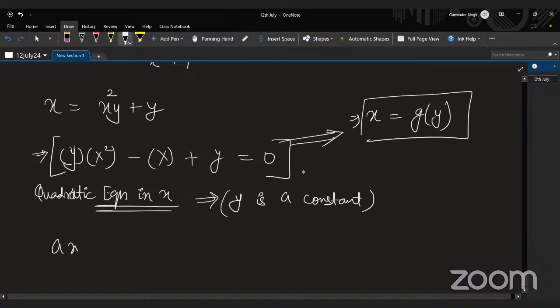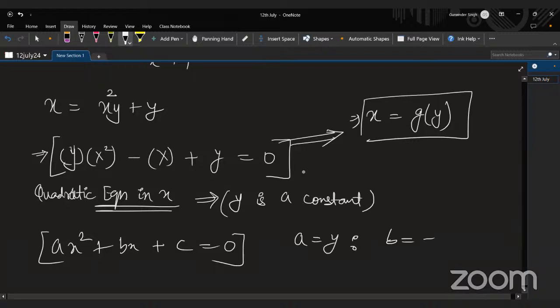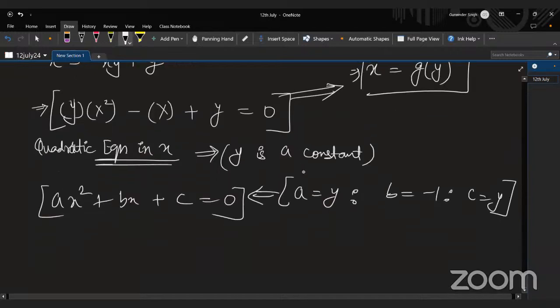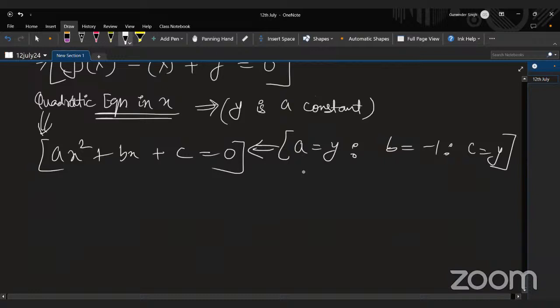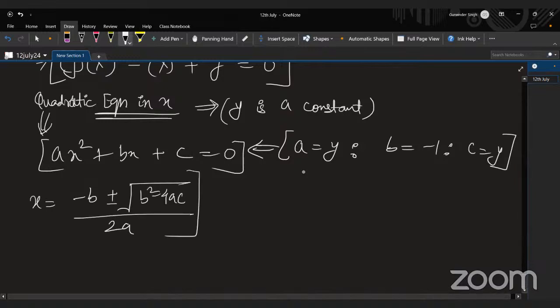Like we used to have ax square plus bx plus c is equal to 0, right? So here a is my y, b is my minus 1, and c is my y. You used to solve quadratic equations in your earlier classes, right? So what was the solution to a quadratic equation, if you remember clearly? It was minus b plus minus under root b square minus 4ac by 2a, right?